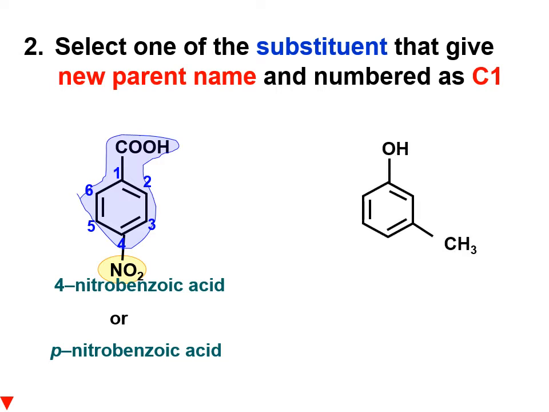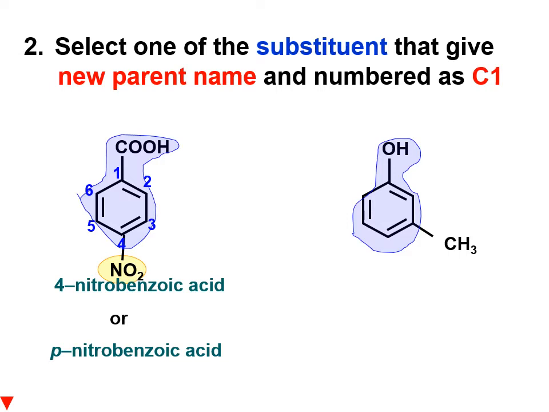Okay, so here we also have two functional groups, which are OH and CH3. Based on the priority table just now, the alkyl group is at the lowest priority. So phenol has higher priority than our alkyl group. So the carbon attached to the OH will be numbered as carbon 1 because the hydroxyl group has higher priority.